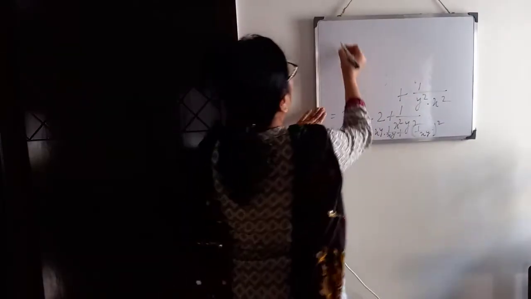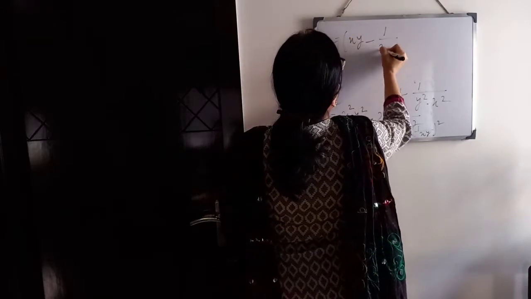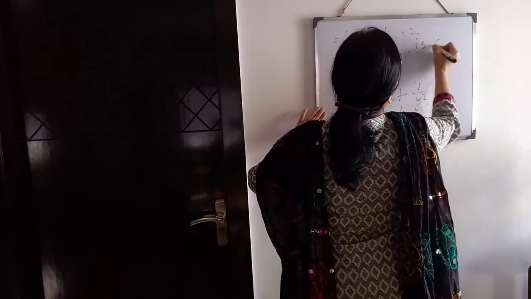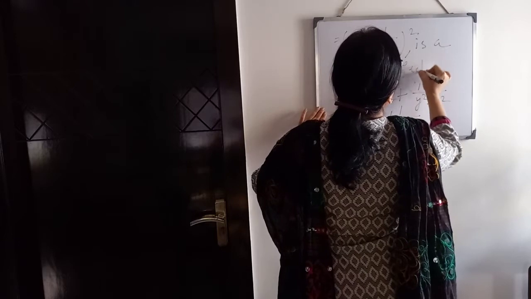So after this we can write xy minus 1 by xy whole square, which is a perfect square. Clear?